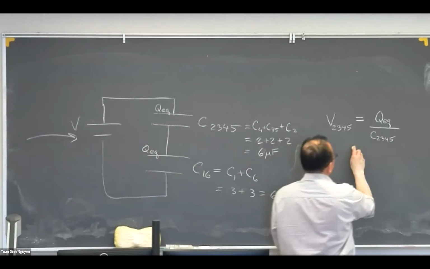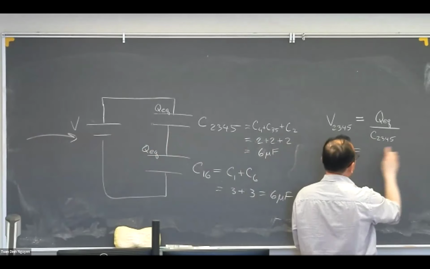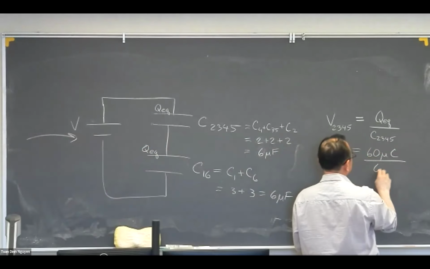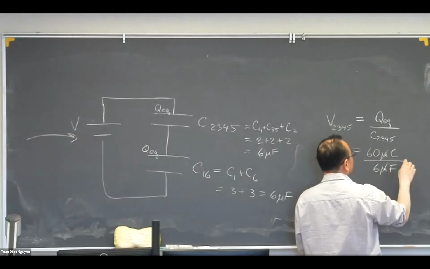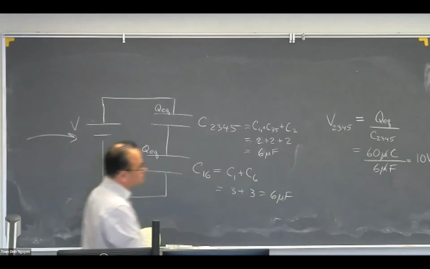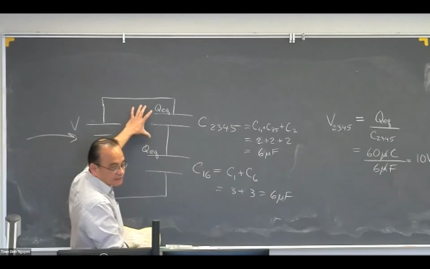And for part B, that's 60 microcoulombs over 6 microfarads. Micros cancel. That's 10 volts. So this is 10 volts.